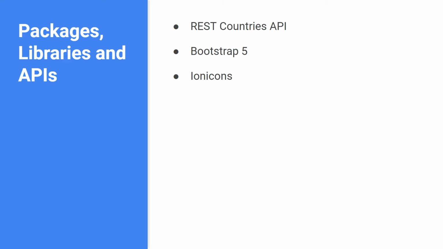We're not going to use everything because I find you actually end up having to override a lot of these classes. So we're going to use CSS Grid, we're going to use Flexbox, so we're going to write a lot of the CSS ourselves. Cards, for instance, we're going to write our own cards for the countries and the country details.